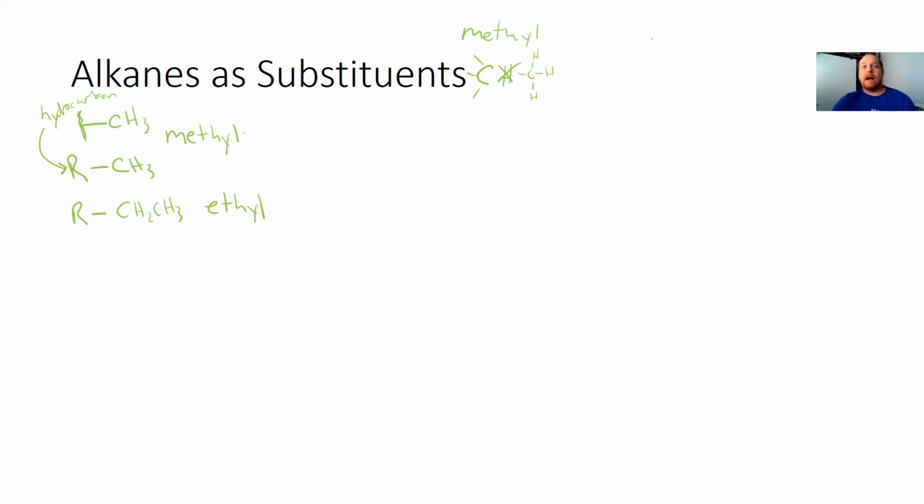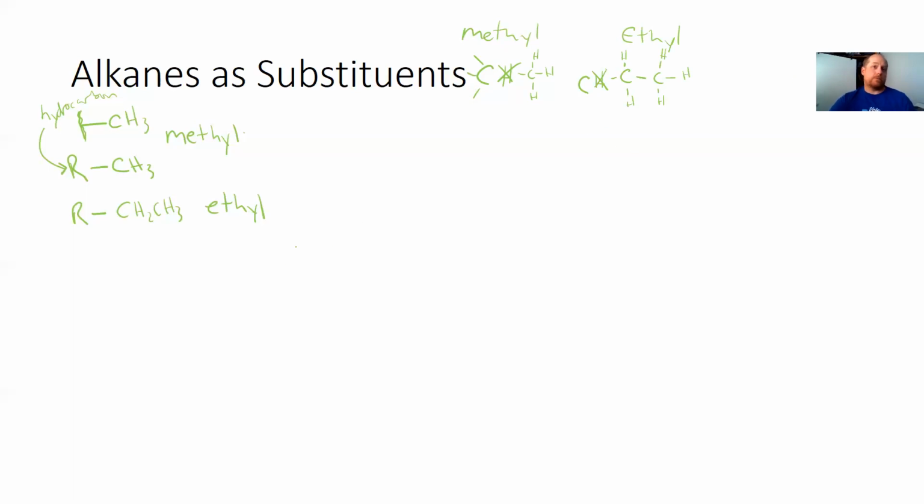That's the whole idea. With ethyl, you take an ethane, right, which is 2 carbons long. Right, and you would knock off one of those hydrogens, and now it's bonded to another carbon, okay?